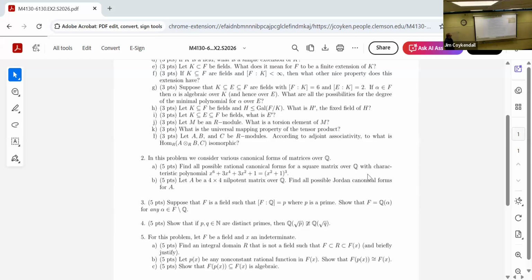And alpha is an element of F. Then of course, this degree right here must be 3.